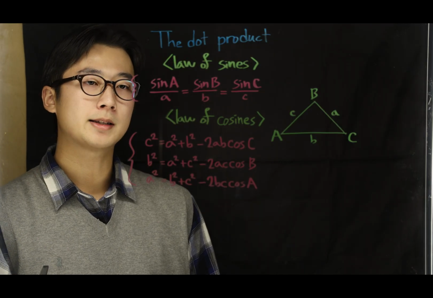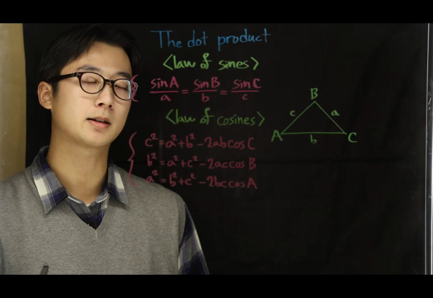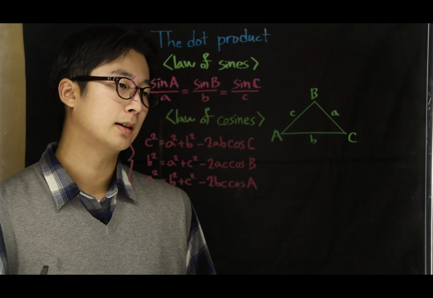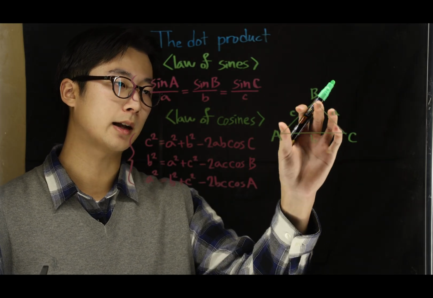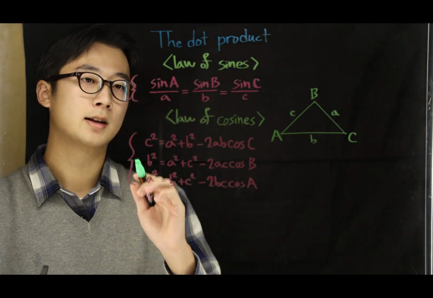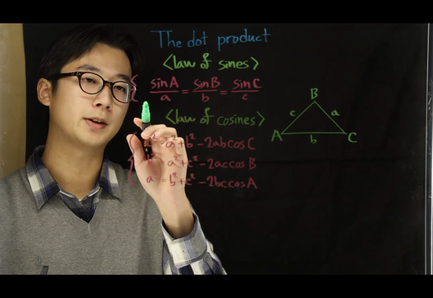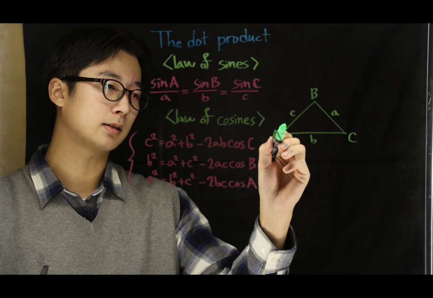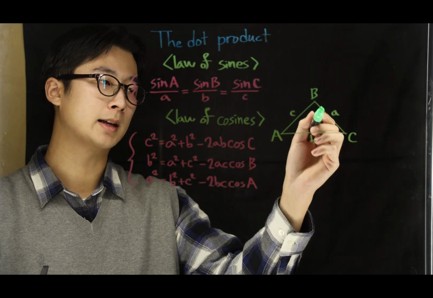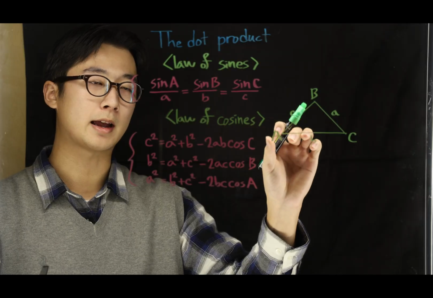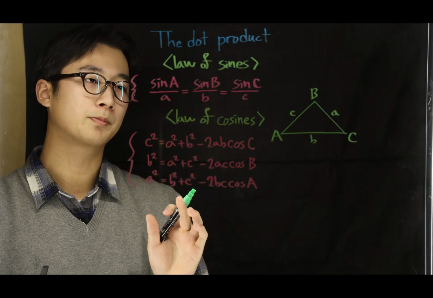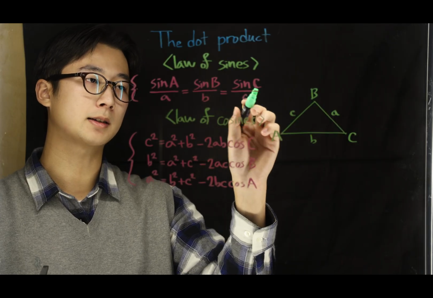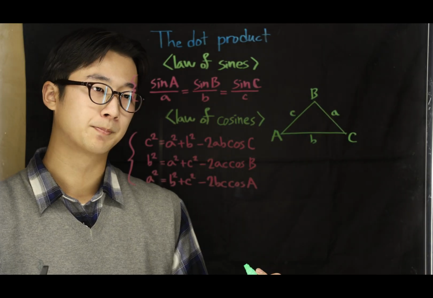The law of sines basically tells us the ratio between the angles of the triangle and the corresponding sides. By the definition, the law of sines is sine of A over the side a, which is facing the angle A, is equal to sine B over b, equals sine C over c. That's it.